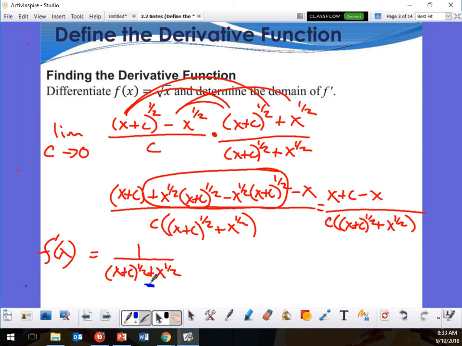So, now, let's do the c to 0. So it's going to be 1 over, so if c goes to 0, it's x to the 1/2 plus x to the 1/2, which is going to give me, I'm sorry, 1 over 2 x to the 1/2.